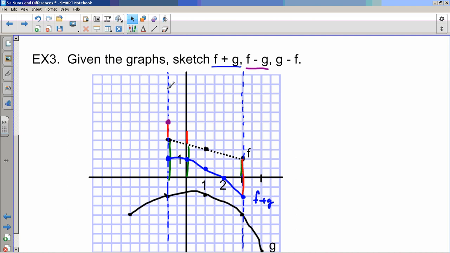It's going to be here maybe. 3 minus negative 2 is 5 there. Then I have 2 and a bit minus negative 2 and a bit is 5 again. 2 minus negative 4 is 6, and I get that function. This is f minus g.